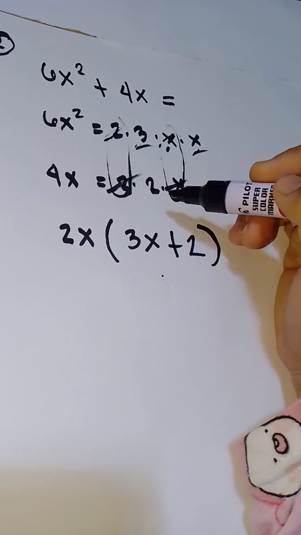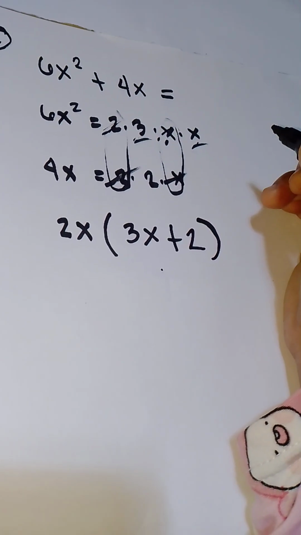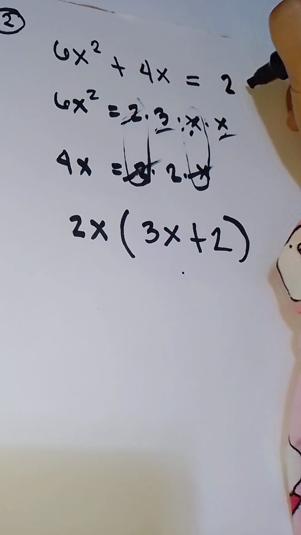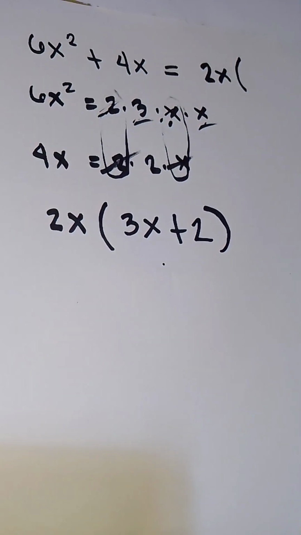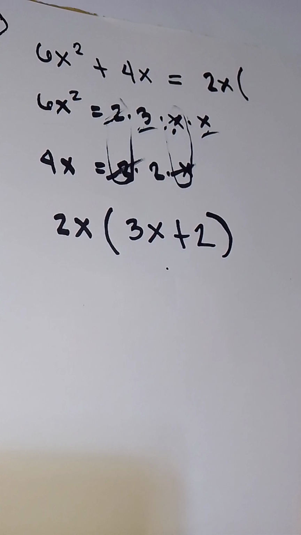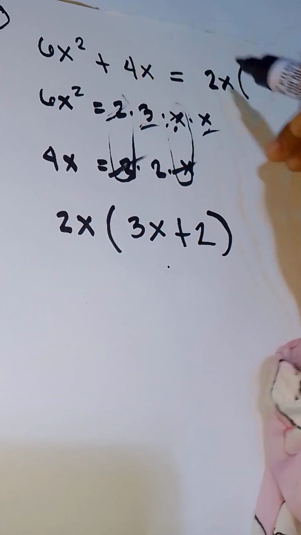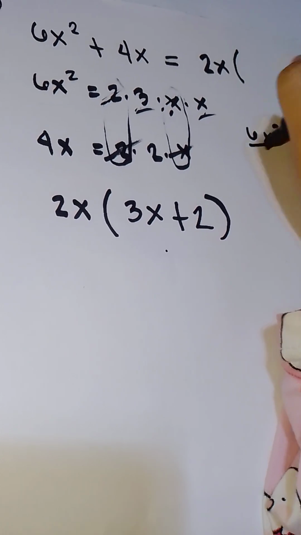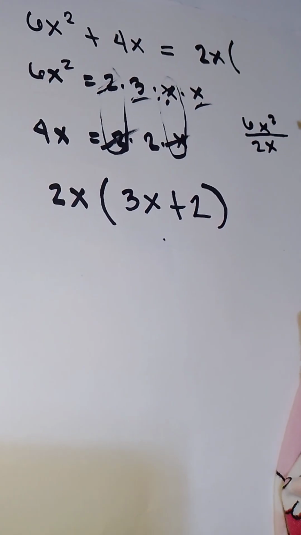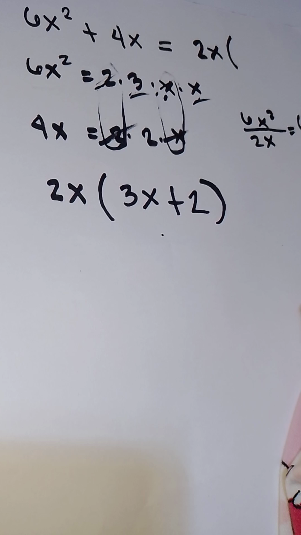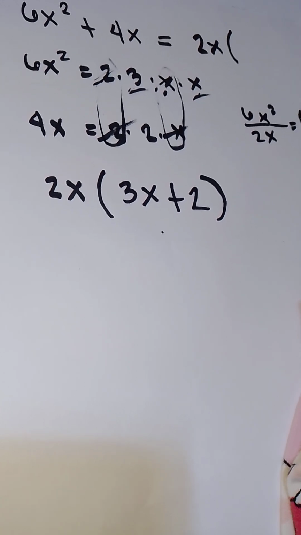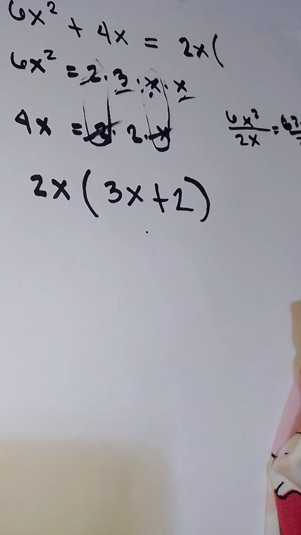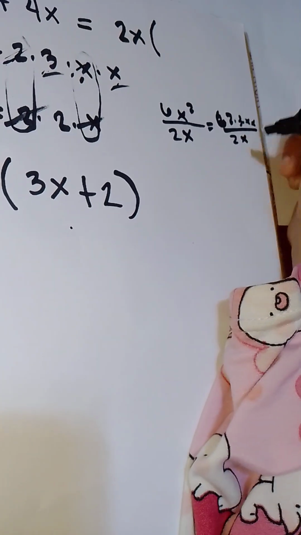We can check it the same way as in the first example. Again, the common factors are 2 and x, right? What we have done is divide 6x squared by the common factor. We have 6x squared divided by 2x, which is equal to 2 times 3 times x times x, divided by 2 times x.